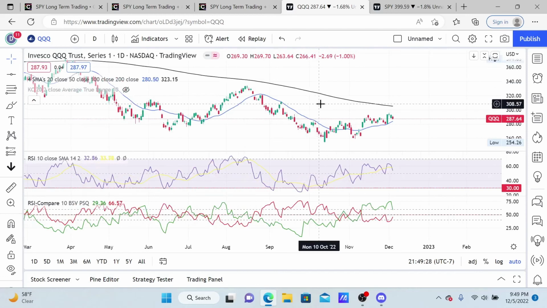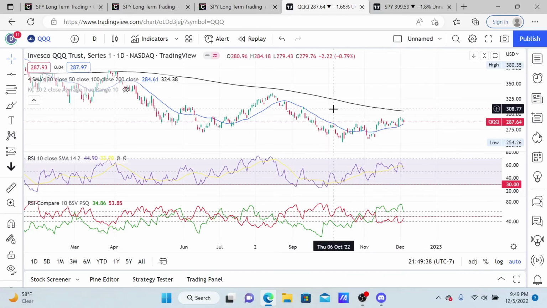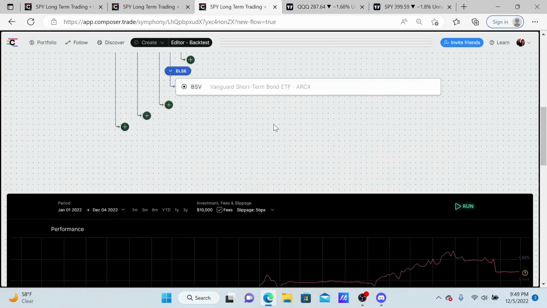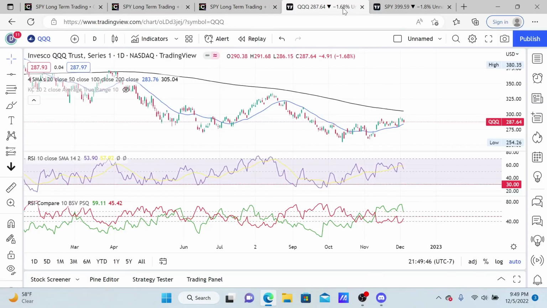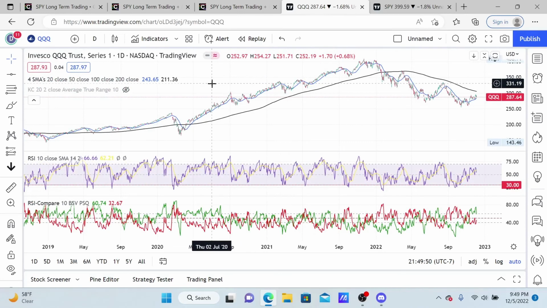So a strategy like this could experience some harsh drawdowns in this sort of a period where you're almost coming to a crossroads, essentially. So just keep that in mind. But that is how I use Composer with TradingView to build overall trading strategies, whether it's short-term trades or long-term momentum trades.